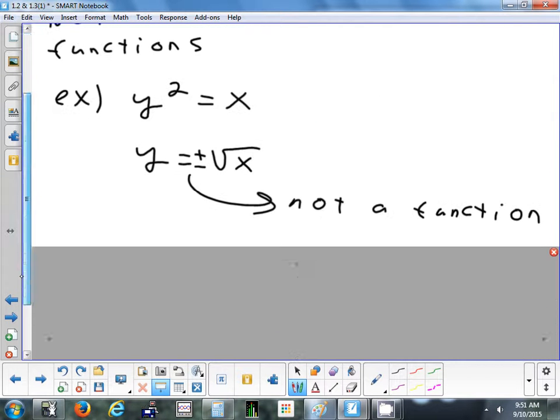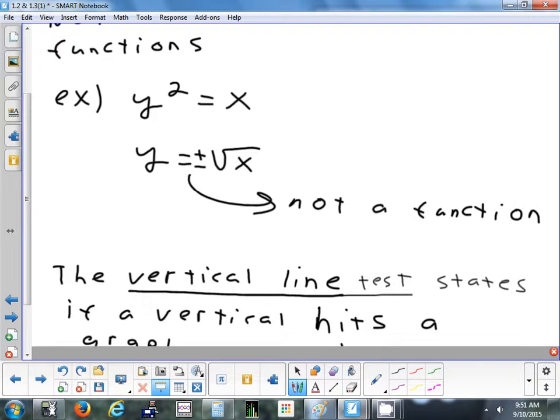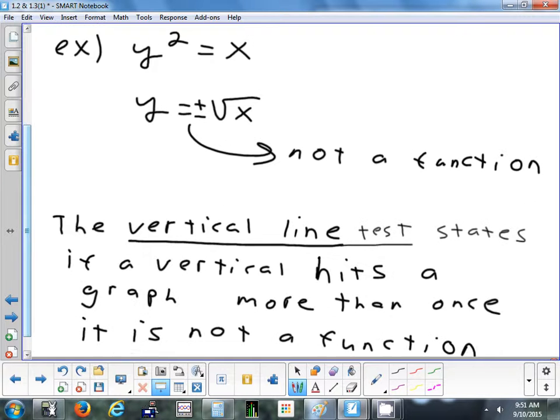So the very simple way to tell if something is a function is this test. Okay, vertical line test. How many people have seen that before? All right, all that the vertical line test says is, if you have a picture and you can draw a vertical line anywhere in the picture and it hits the graph more than once, whatever you just drew is not a function.